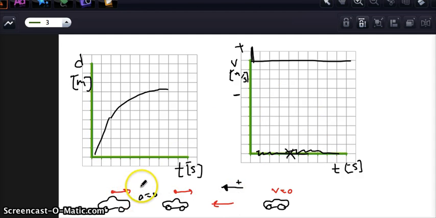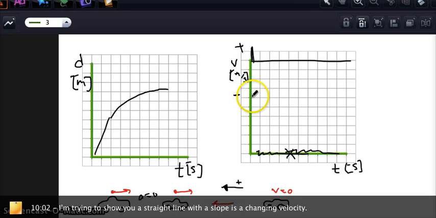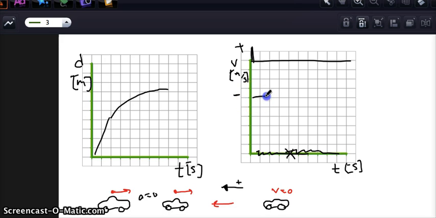Now, since it's a constant velocity, some of us might say, well, it's got to look like this. But you've got to remember that's a certain velocity here, and there's a different velocity later. So the velocity here is constant, and it's shown as a horizontal line. Constant means at any time it's the same value, whatever this value is over here.